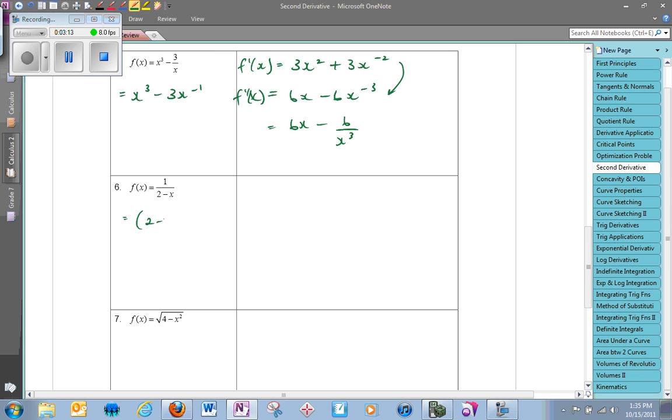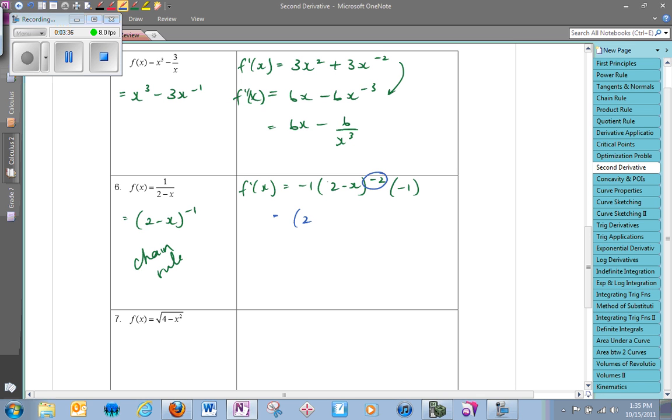This one here is 2 minus x to the minus 1. This is another chain rule question. So take the first derivative, bring down the exponent, bracket to the new exponent, times the derivative of the inside bracket. Be really careful here that, remember, you're subtracting one always from the exponent.